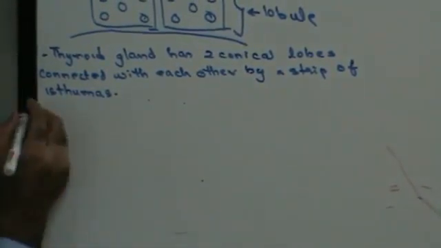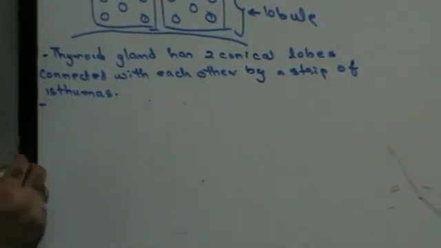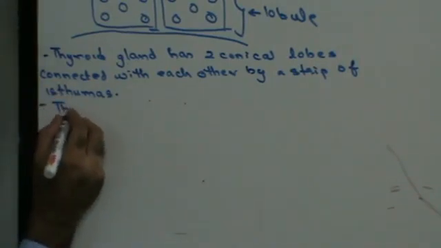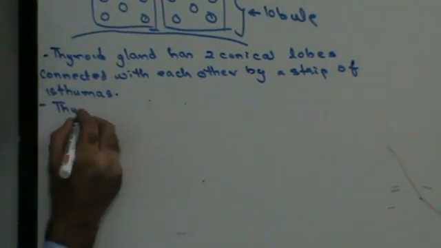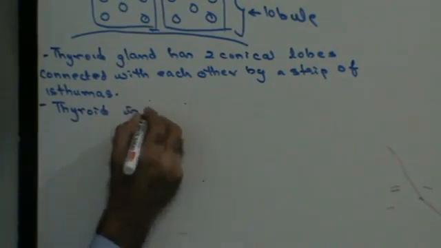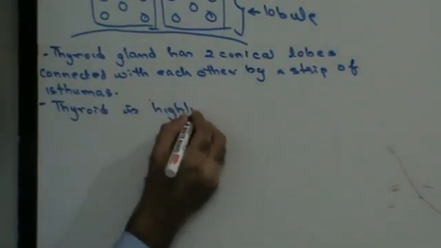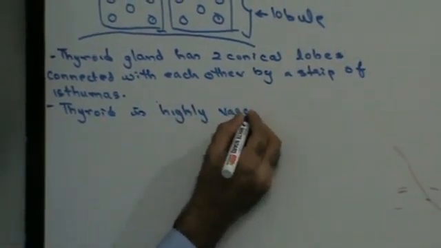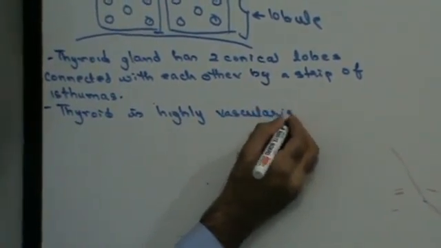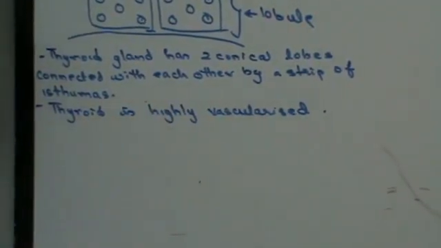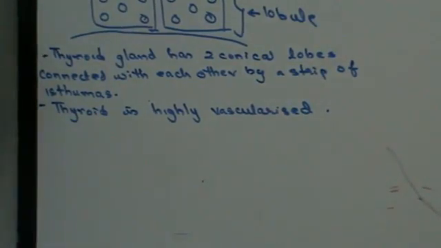Thyroid is highly vascularized, in the sense that it is supplied with a large number of blood capillaries.